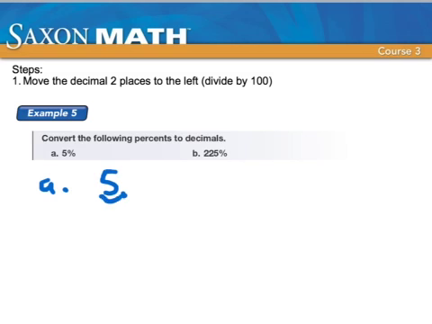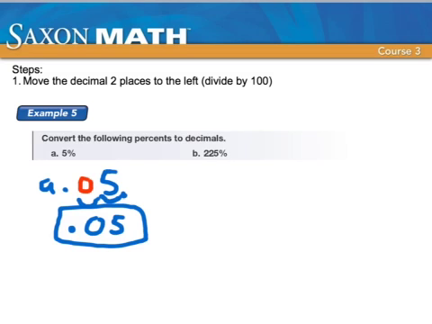So I move it once, and I move it twice. So my decimal goes in front here. Again, I've got this extra space right here, so I need to fill that in with a 0. So I've got a decimal point, and then 0.05. So 5% is the same as 5 hundredths.